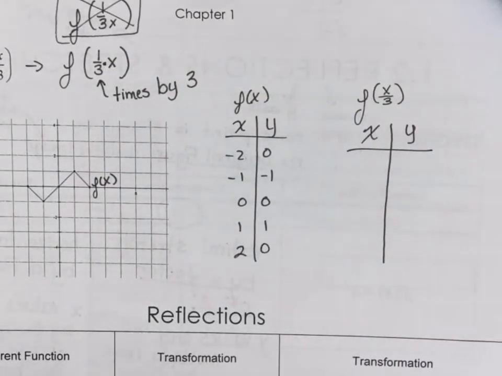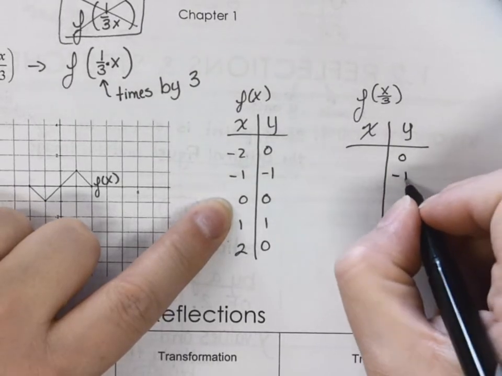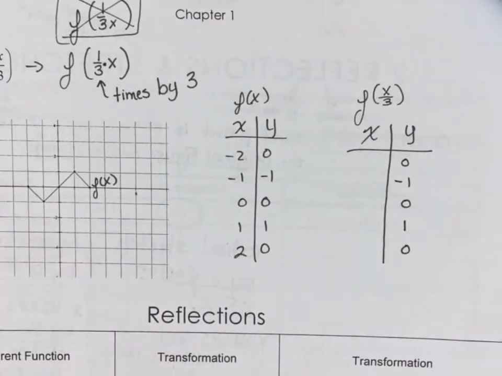So now we're taking that graph and pulling it along the horizontal, pulling it apart like the Incredible Hulk. I'm going to keep all my y values, so those don't change, and then I'm going to take all my x's and times them by 3.